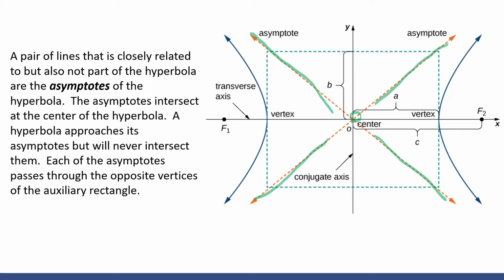Meaning to say, kung halimbawa i-extend natin itong asymptote na to, okay, extend natin. So sabi dito, a hyperbola approaches its asymptotes. So meaning, you are getting closer and closer to your asymptote, but will never intersect them. Each of the asymptotes passes through the opposite vertices of the auxiliary rectangle.